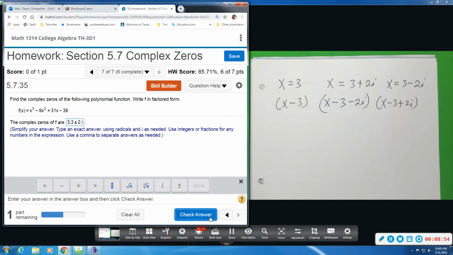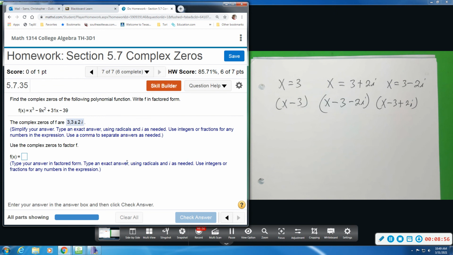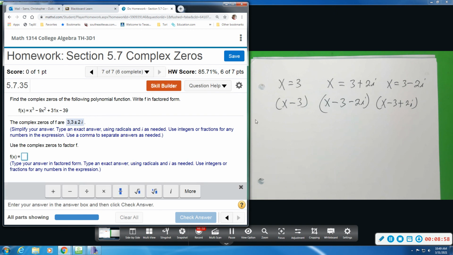And then the factored form is just putting all this together: x minus 3, and x minus 3 minus 2i, and then x minus 3 plus 2i.